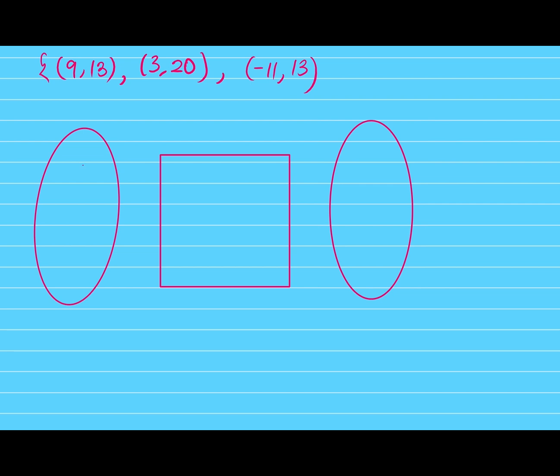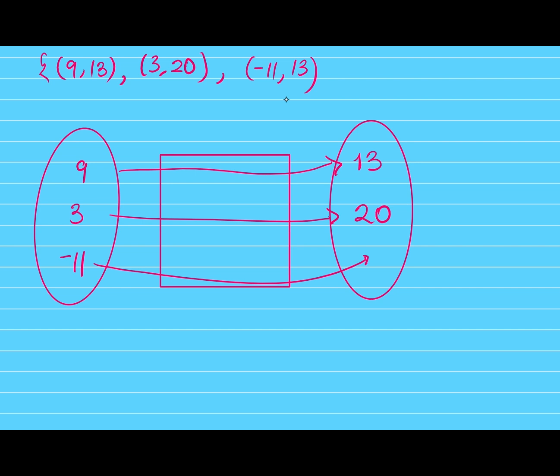So what are the inputs? You've got 9, you've got 3, and you've got negative 11. What does 9 map into? 9 maps into 13. So can we put 13 here? And then 3 maps into 20, okay? And then we know that negative 11 maps into 13. Oh, okay. So because we already have a 13 up here, to see it properly, it's probably better we don't draw another one down here, okay?